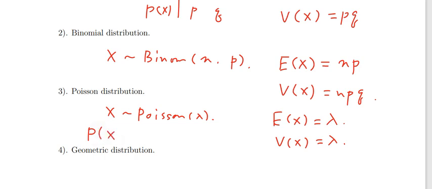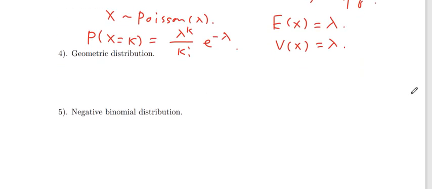Poisson distribution is usually modeled for situations like how many times something can happen during a fixed time. A typical example is among one month, how many car accidents can happen, right? Or among one week, how many, right? So this distribution has probability lambda to the k over k factorial, times e to the negative lambda, right?